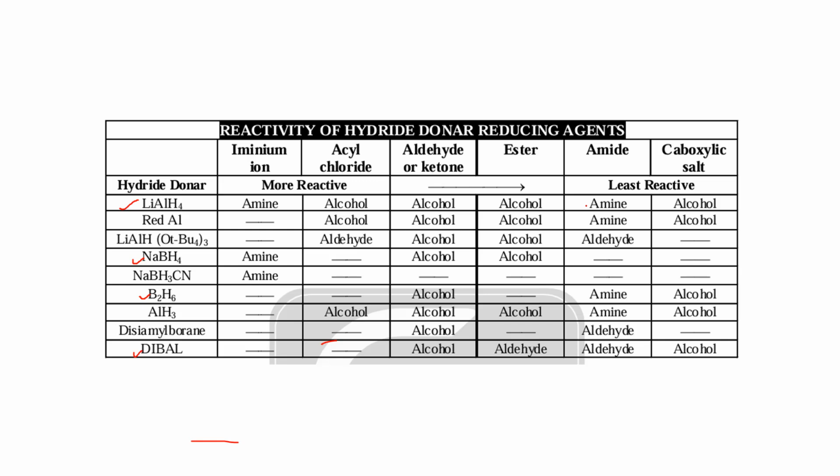So there is a difference: if you add LiAlH4 to amide, you will get a primary amine. But if you add DIBAL-H, you will get an aldehyde.